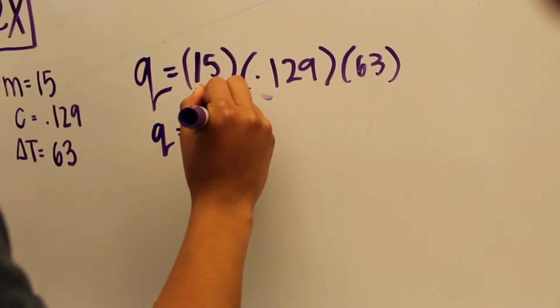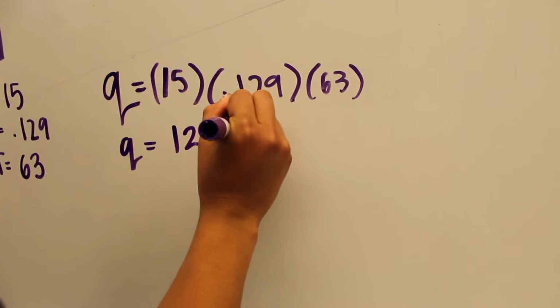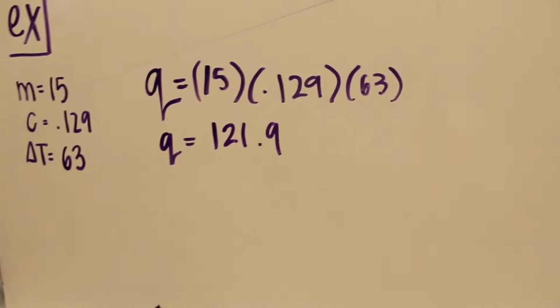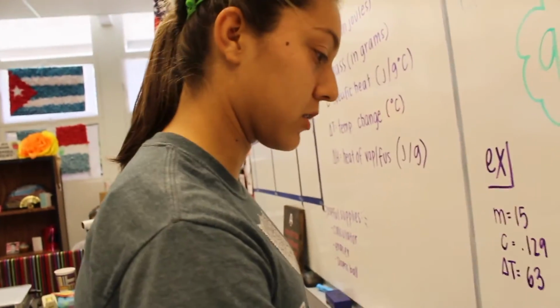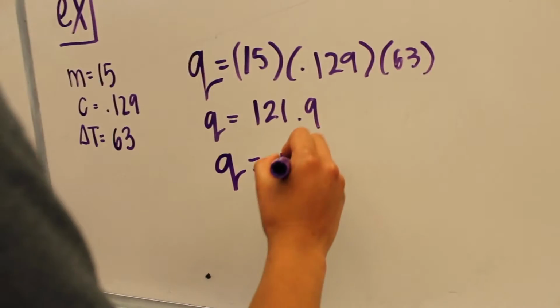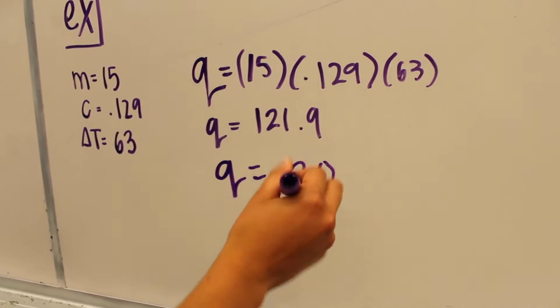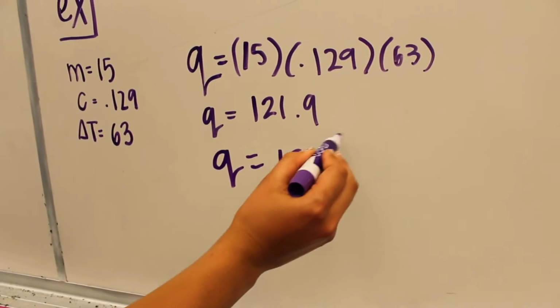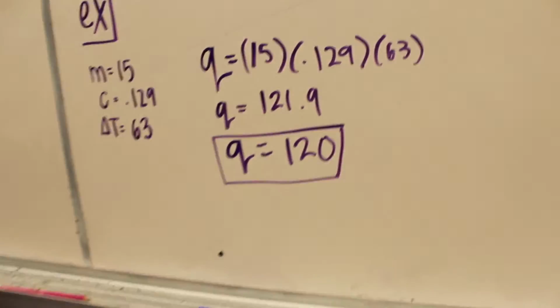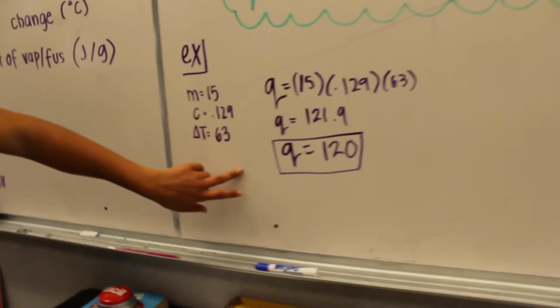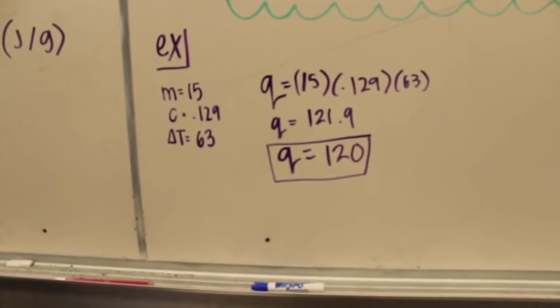So it's 121.9, and you need to round it to the nearest large number, like you did in elementary school. So our Q equals 120 because it's closer to 120 than it is to 130. Box in your answer so you can get credit for it. And this equation is done.